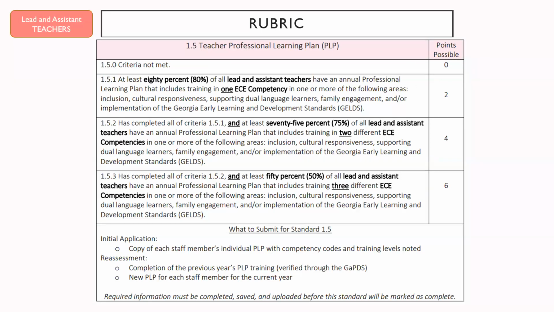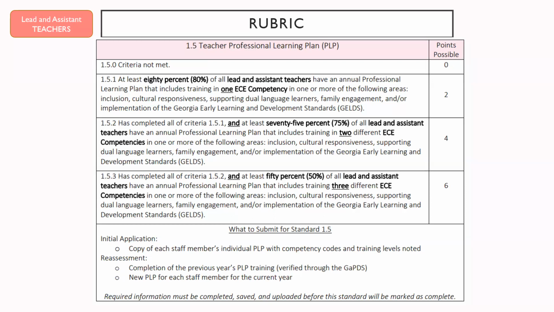Here we see the PLP portion of the rating rubric for our teachers to review and score their PLPs. The teacher PLPs will be scored as well on the rating rubric at 1.5, teachers only, leads and assistant teachers only.